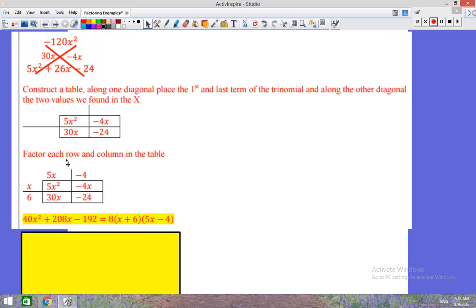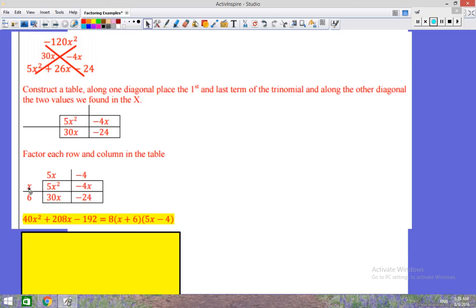I look, like I say, at this horizontal row here. x is what's common to both, so I factor out an x. And I look vertically here, and 5x is common to 5x squared and to 30x. So when I have factored this by each row and by each column, I have my answers here on the outside of the table.